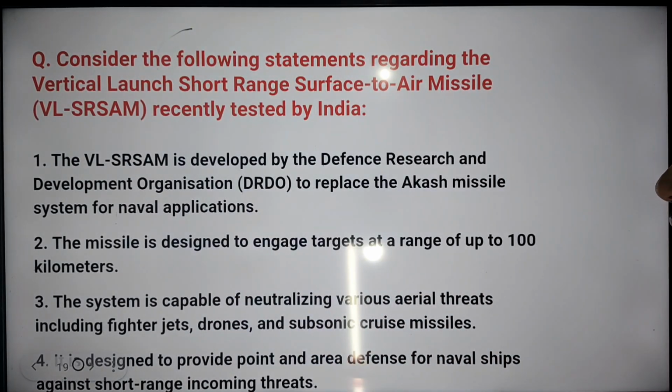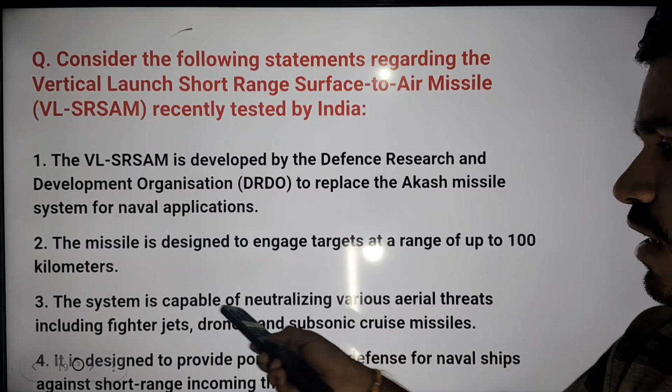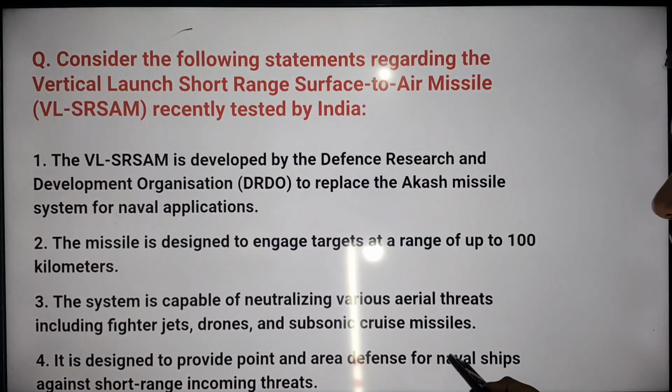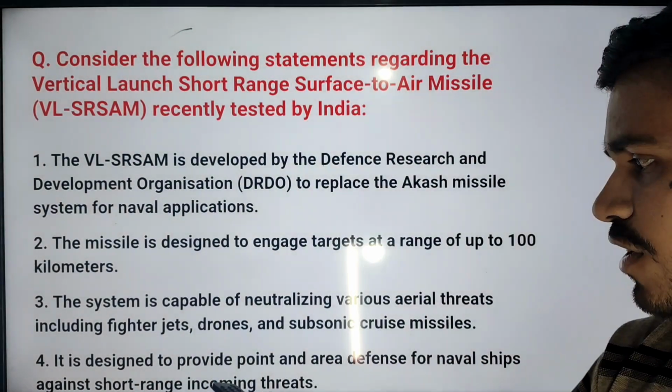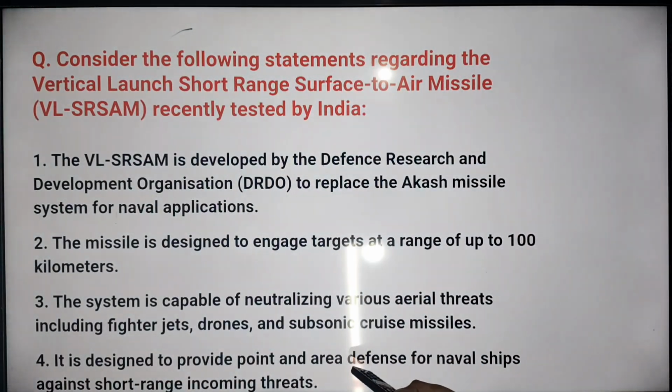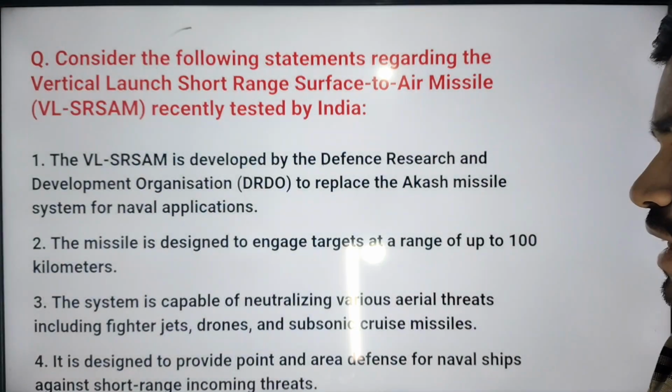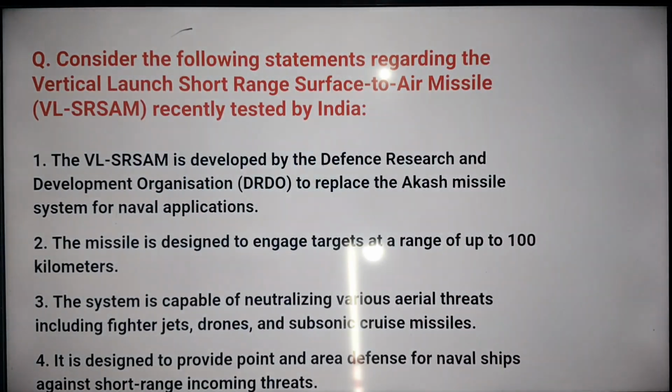Third one, the system is capable of neutralizing various aerial threats including fighter jets, drones and subsonic cruise missiles. Fourth one, it is designed to provide point and area defense for naval ships against short-range incoming threats. Which of the following statements regarding VLSR-SAM are correct?